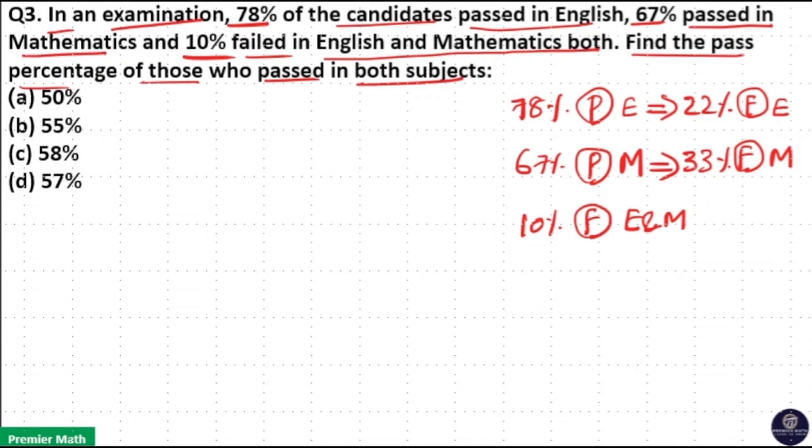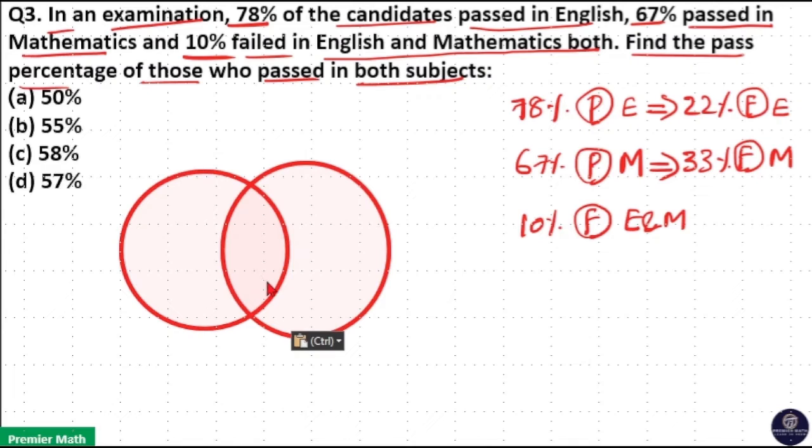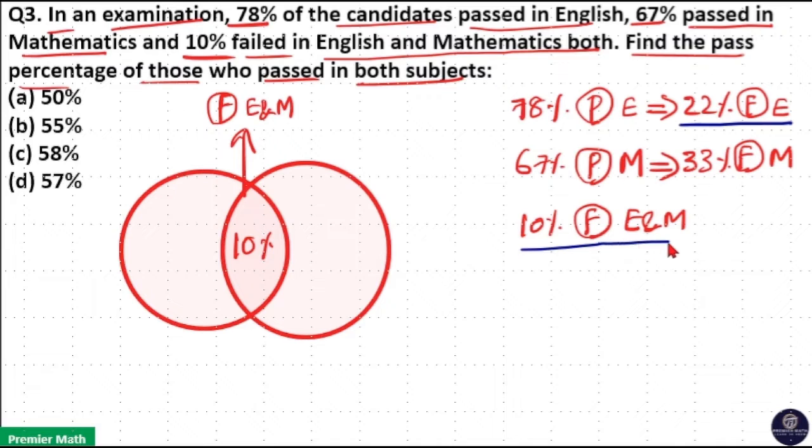Let's draw the Venn diagram here. This intersection is for combined data, that is 10% students who failed in both English and maths. Now, this 22% students who failed in English include this 10% students who failed in English and maths.